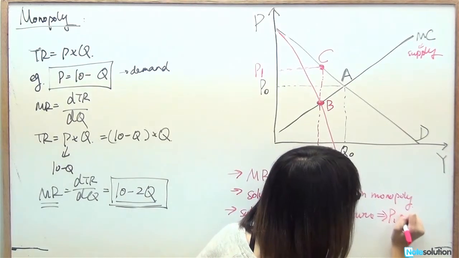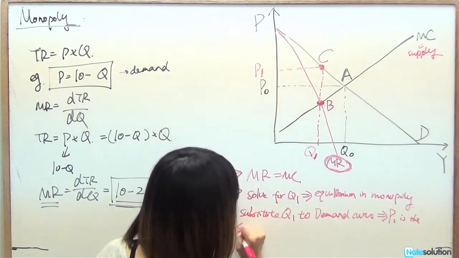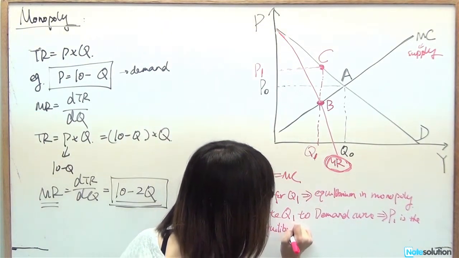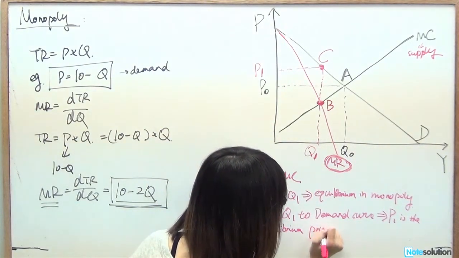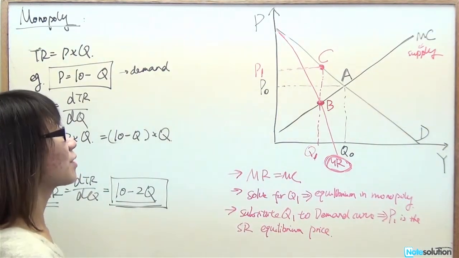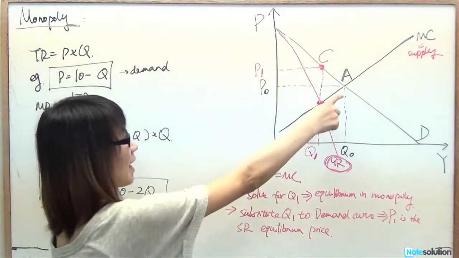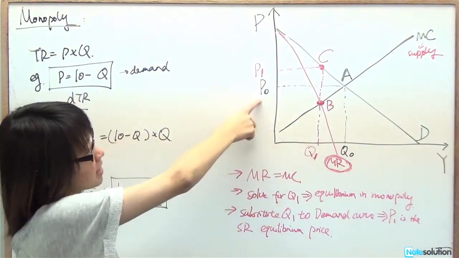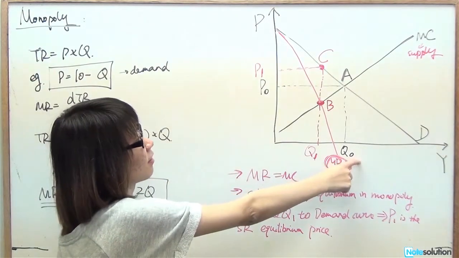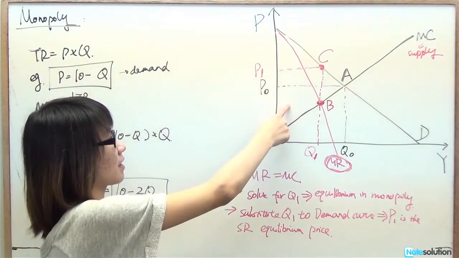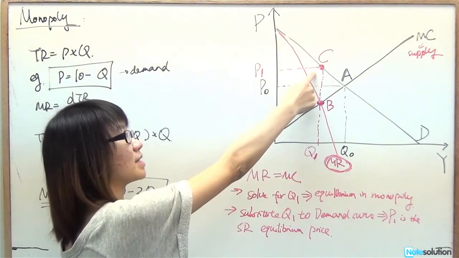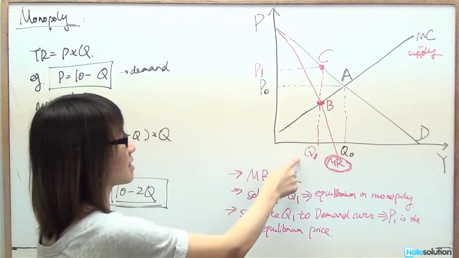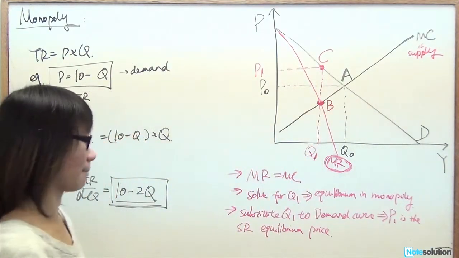So P1 is the short run equilibrium price. You can see that in a perfect competitive market, the equilibrium point is point A, and the price is P0 and the quantity is Q0. But if it is a monopoly market, our equilibrium point is point C, where the price that will be paid by the customer is P1, and the quantity that will be consumed is Q1.